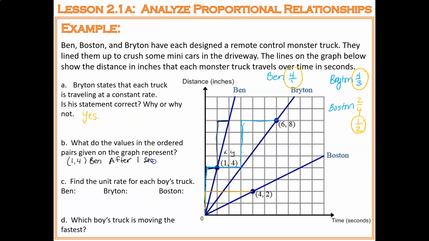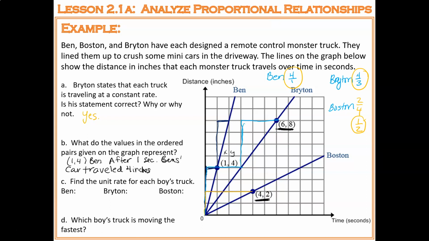After 1 second, Ben's car traveled 4 inches. This point means after 6 seconds, Brighton's car traveled 8 inches. On Boston's, it means after 4 seconds, Boston's car traveled 2.